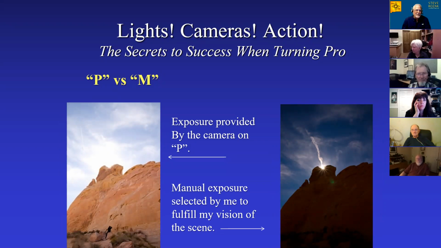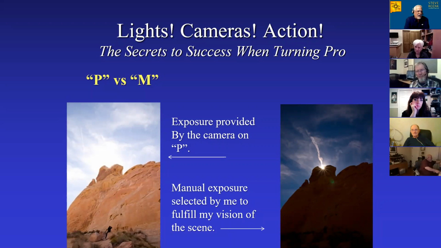I'm going to beat it up a little bit more because here's another image that I took at Valley of Fire outside of Las Vegas. And again, I took one for me and one in program just to be able to illustrate the difference. The image on the left is just nothing. And I'm not sure the image on the right is anything, but it's a whole lot more interesting than the image on the left.